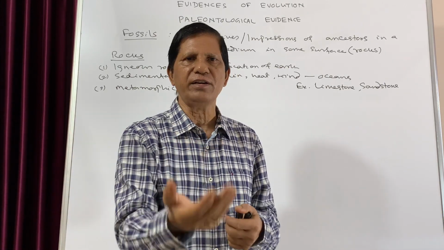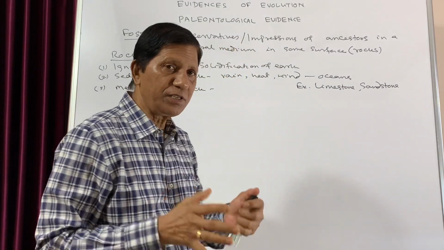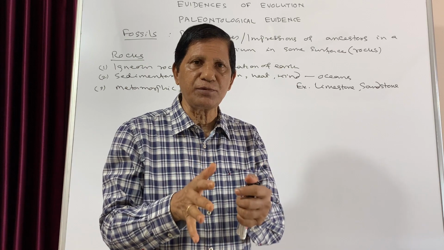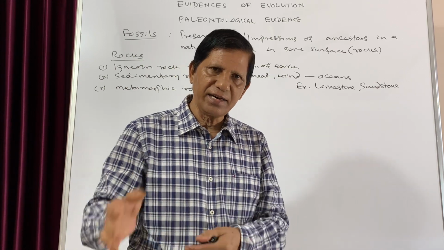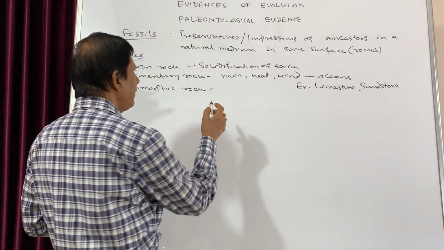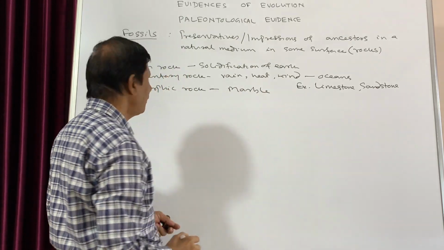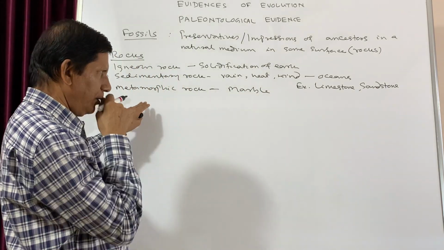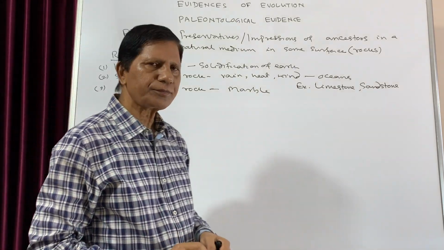And again they solidify after melting, and that gives rise to the metamorphic rock. And the example is usually the marble. It is an example of metamorphic rock. So these are the different types of rocks.